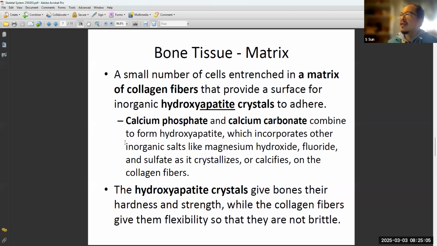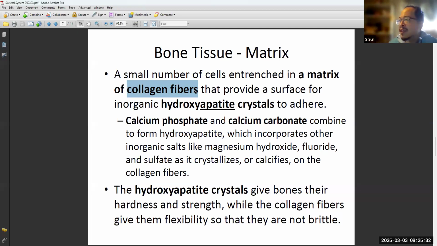The matrix is hardened by a mineral. It originally comes from collagen fibers, just like every other connective tissue. They have this collagen protein, and they form these fibers in the matrix, but they are hardened by a mineral.